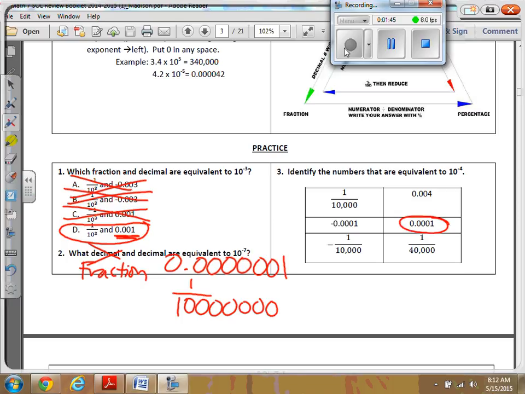This is what shows up in your calculator. Okay, is it a negative number? So we know it's not that one. Okay, it's not a negative number. Is 4 anywhere in that number on your calculator? No. They put that on there to trick you. So is it 1 over 10,000? Yes. That's the fraction that matches. Any questions on those 3?